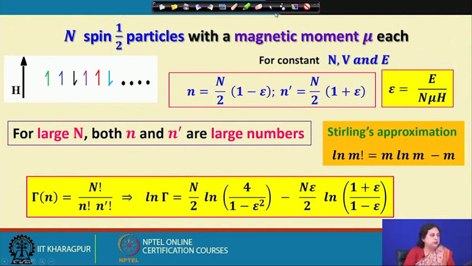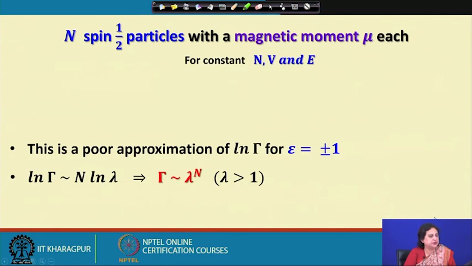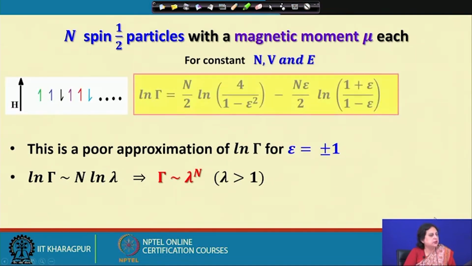Now, we are going to have a look at this particular mathematical expression and focus on what it means. It means something very simple.